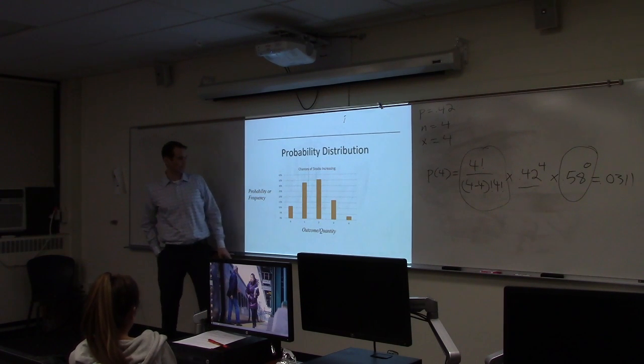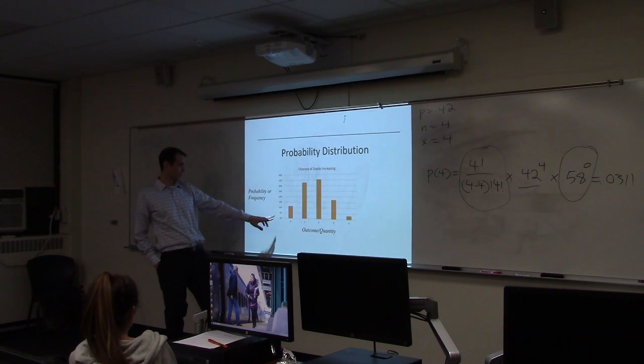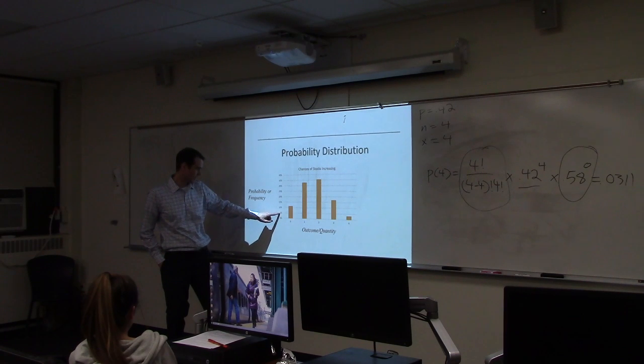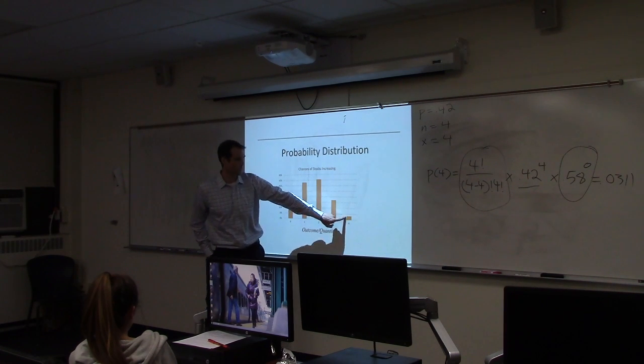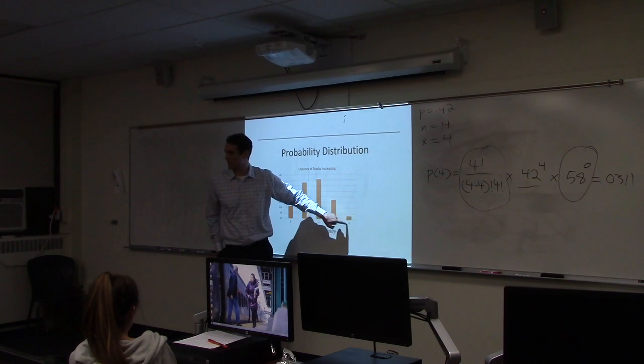You just calculated the chances of all 4 stocks increasing. And you can see looking at the graph, here's 5%, so that looks about 3.11%. You believe me, right, that this is 3%?